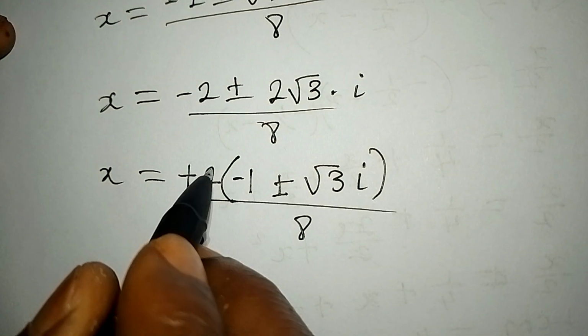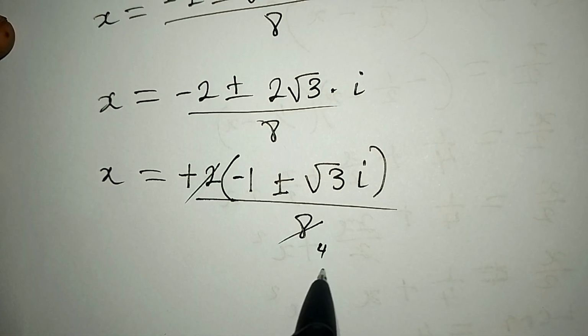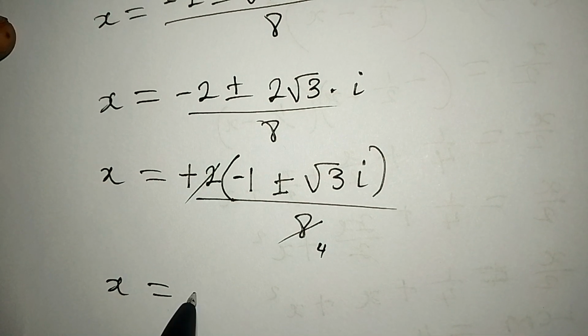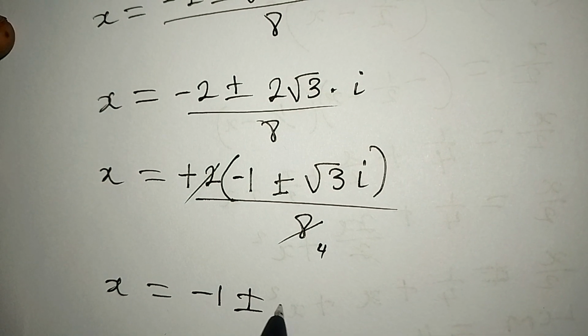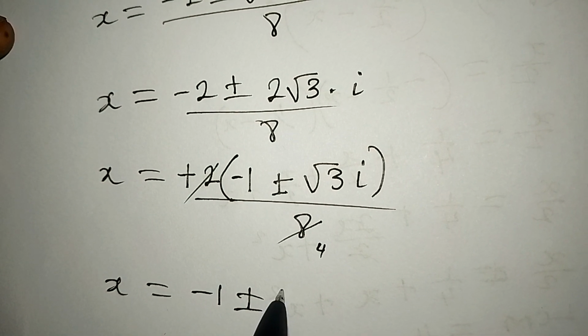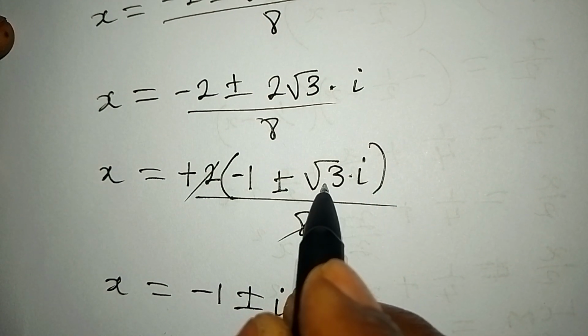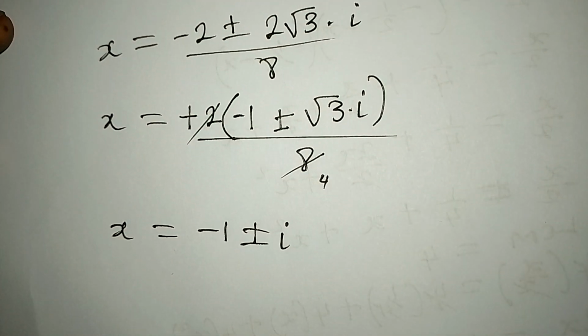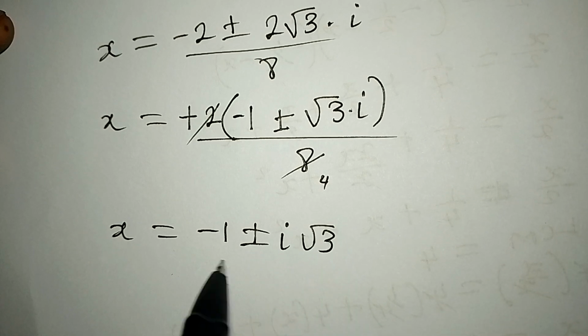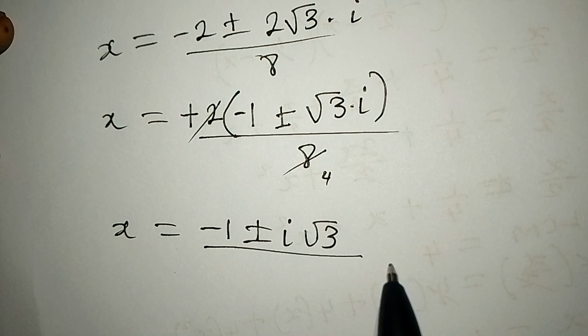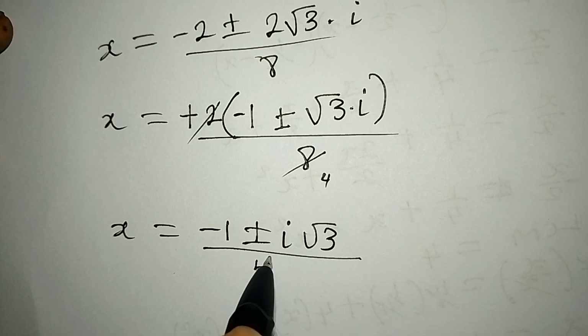Now 2 can go into 8 four times. So we have x equal to minus 1 plus or minus I; I can write I first before the root 3 because it is not under the square root sign. So we write I root 3, and the whole of this is over 4 now.